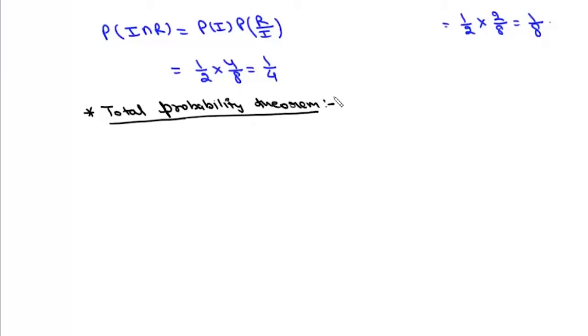Now we are going to use the total probability theorem for the cases where we have an event, and the probability of that event depends on the outcome of some preceding event.